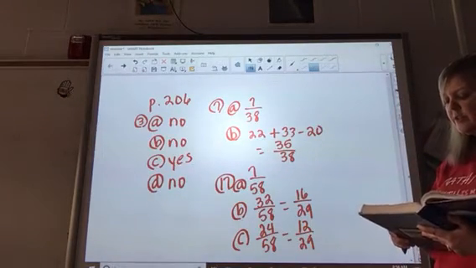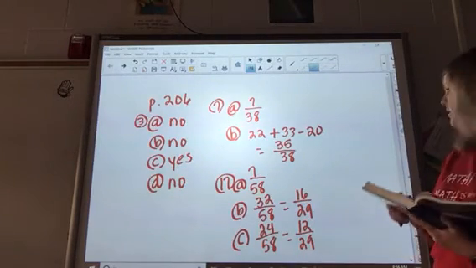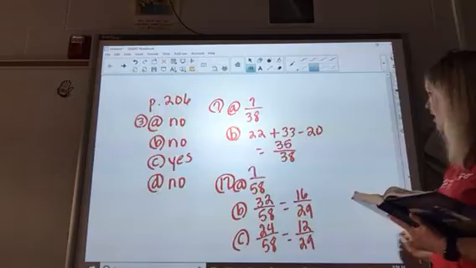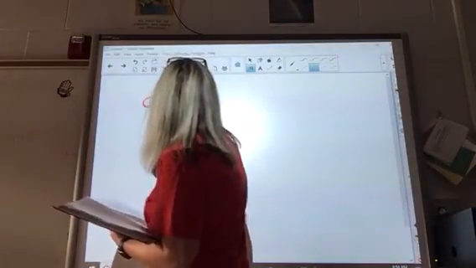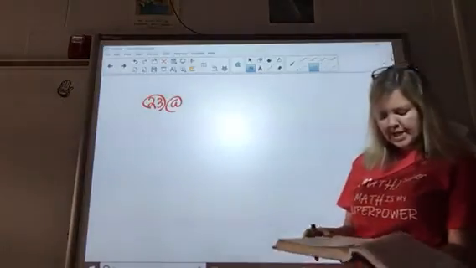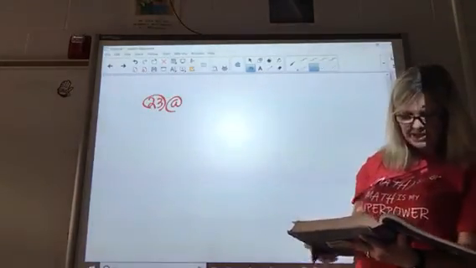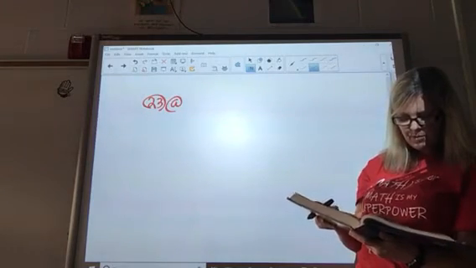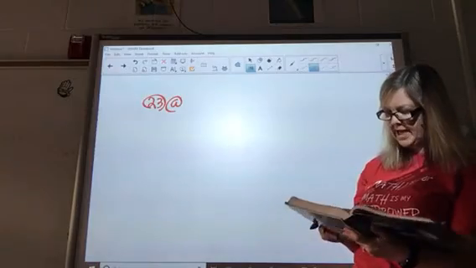All right, let's see if we can finish out this section with number 23. This is talking about some dice again. Some cards. All right, 23A says, if one card is drawn from an ordinary deck of cards, find the probability of getting a queen, a king, or a jack.